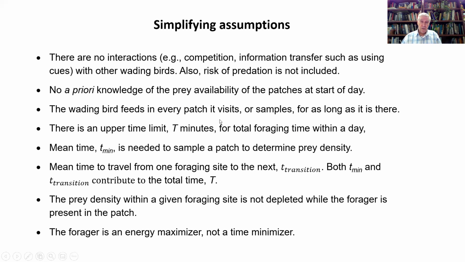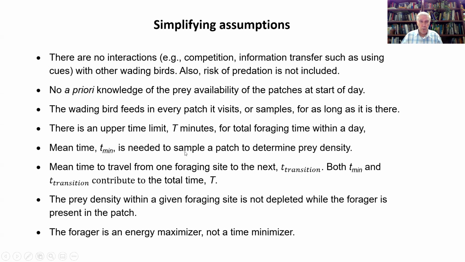There's a time limit. We're assuming maybe 600 or so minutes for foraging during a day. We're assuming there's a mean time, we're calling T sub min, needed to sample a patch to determine prey density. These are all assumptions.